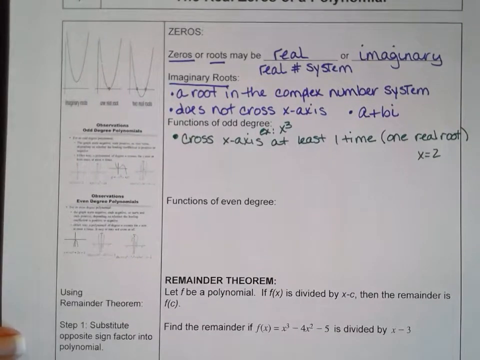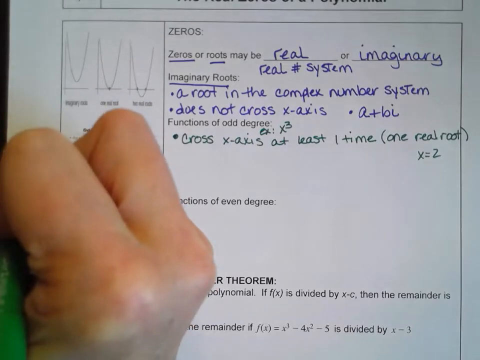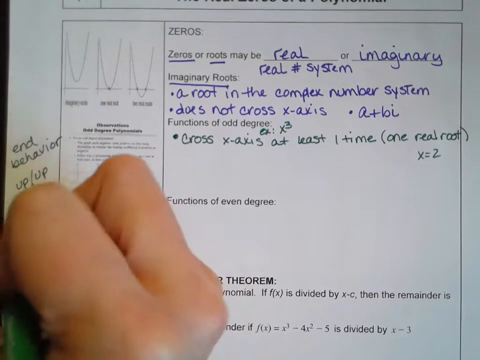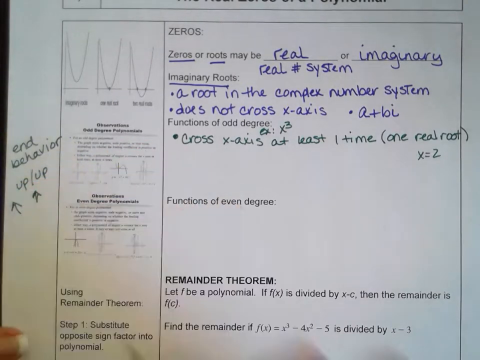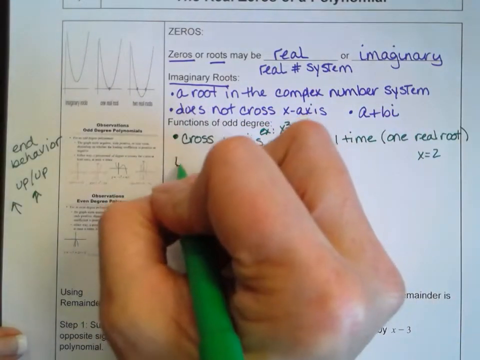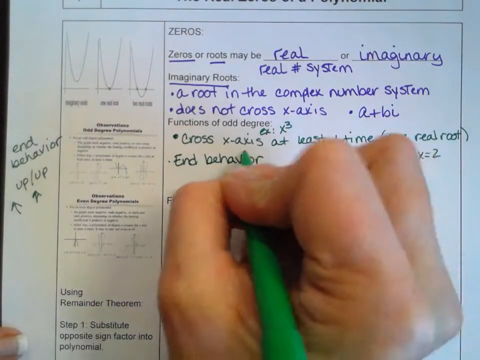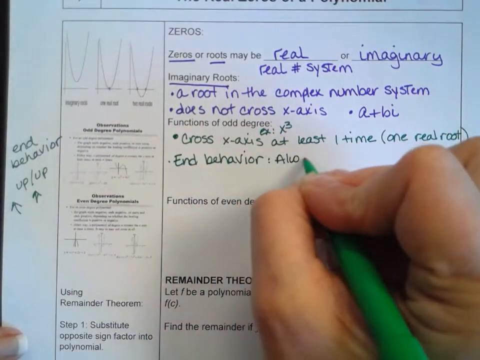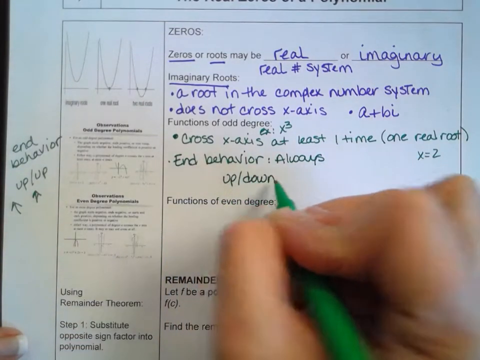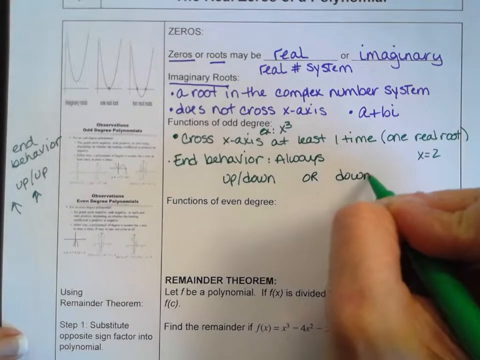And remember when we were talking about the end behavior, your end behavior was where it went like up, which would look like this, something like that. Functions of odd degree are always either up and down or down and up.